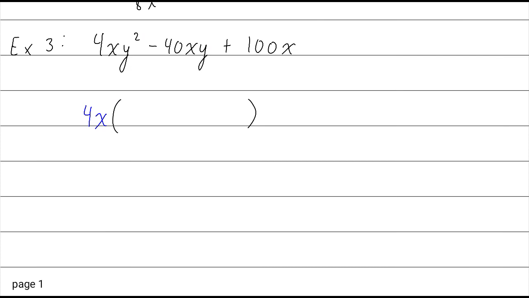There's a couple ways to think about this. One way is to say I'm going to divide each of these by 4x, because that is, after all, what I'm factoring out. So that would cancel and leave me with y squared. 40 divided by 4 is 10. The x's cancel, so that's negative 10y.